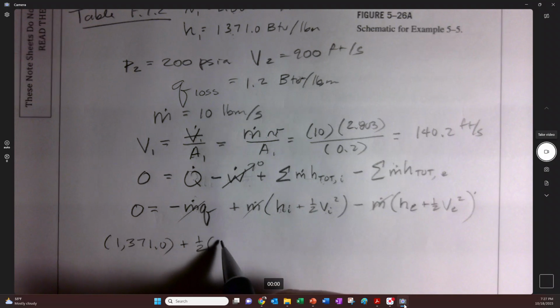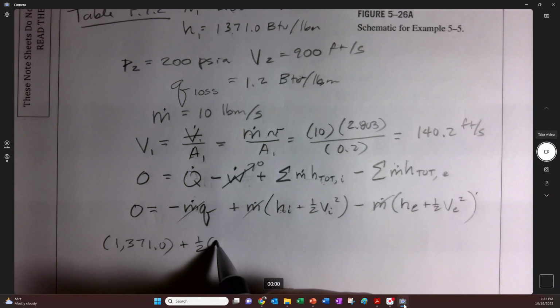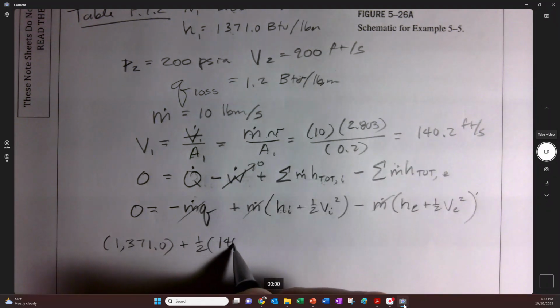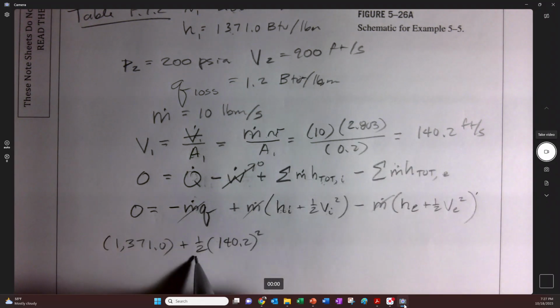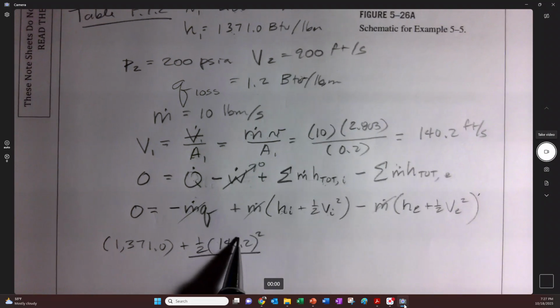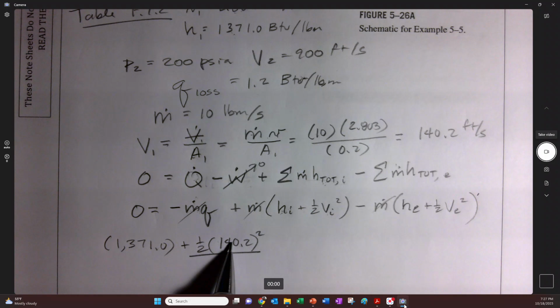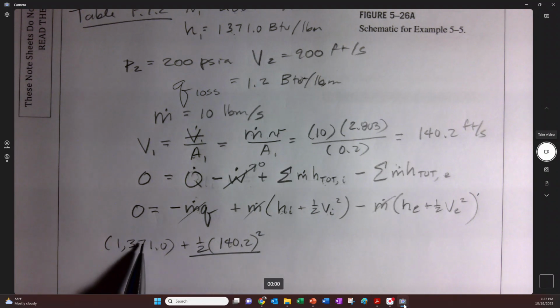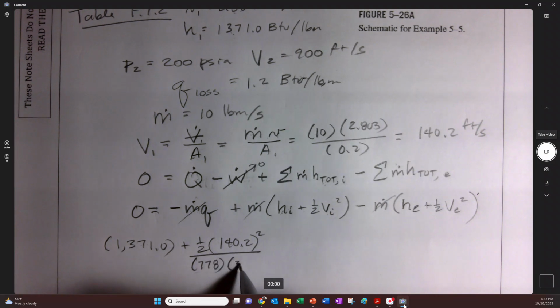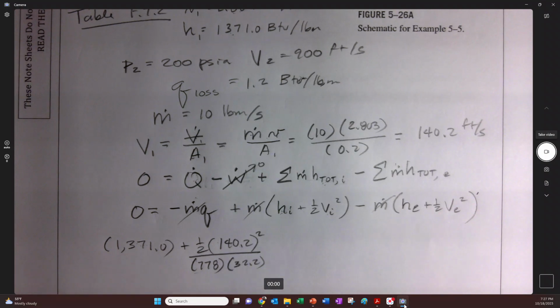We will put in what the inlet velocity is going to be, which we just found a second ago, 140.2 squared. But in order to get, which will be a foot squared per second squared, in order to get that compatible with a BTU per pound mass, we need to divide by the mechanical equivalent of heat and by the conversion factor of pounds mass to pounds force, right?